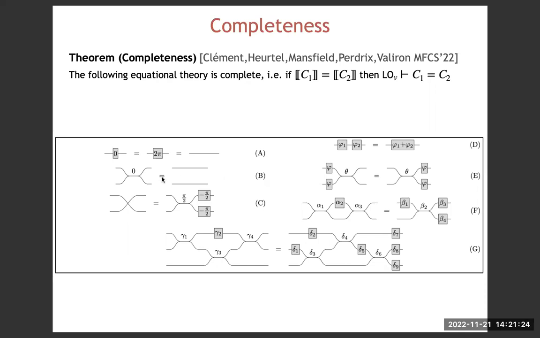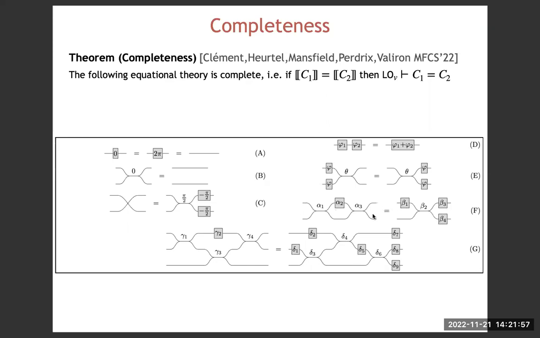If we look at the rules, we can see that some of them are trivial. A, B, D are really trivial properties. E is a commutation property between beam splitters and phase shifters, a trivial one. C is a decomposition of the swap. So you can always decompose a swap using beam splitters and phase shifters. And we have 2 more elaborate, more complicated equations, F and G.